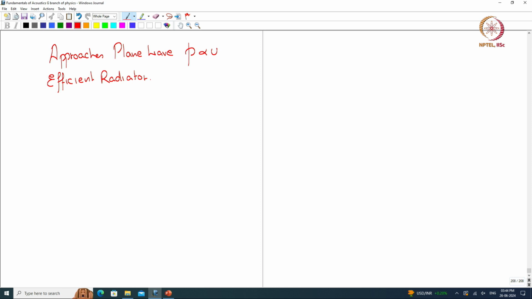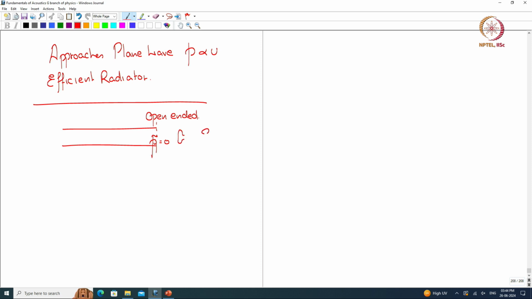Okay. So, one last point I want to make is this, that if we have a pipe, open ended pipe, okay, the pressure condition is actually 0, that is the boundary condition. But if you actually put your ear over here, you will hear a sound. Okay.